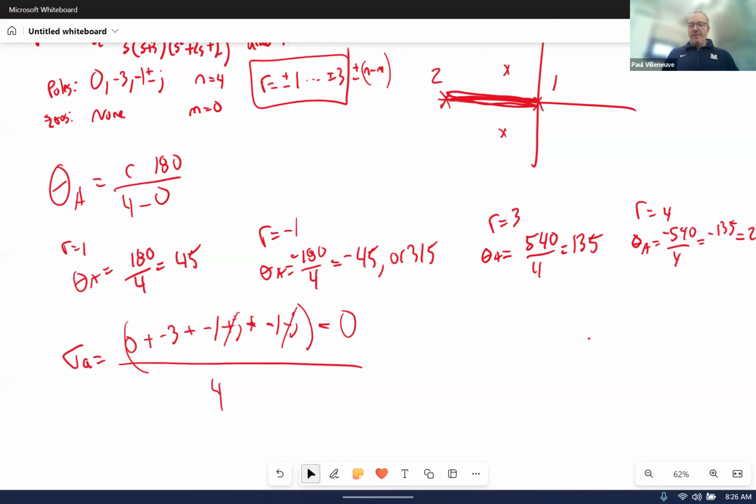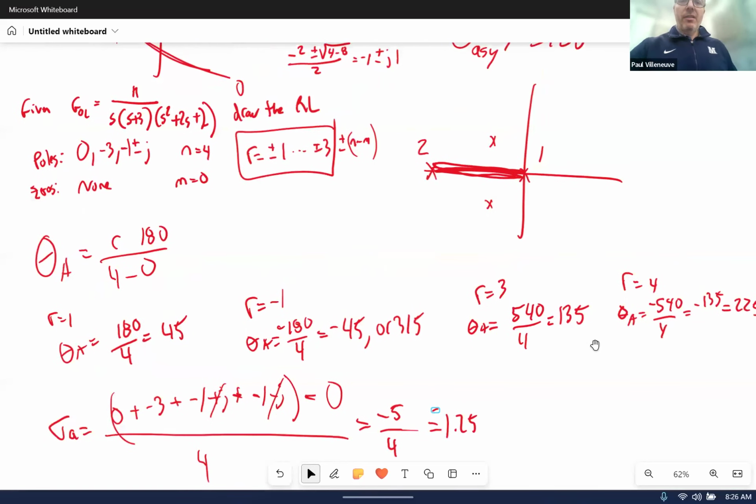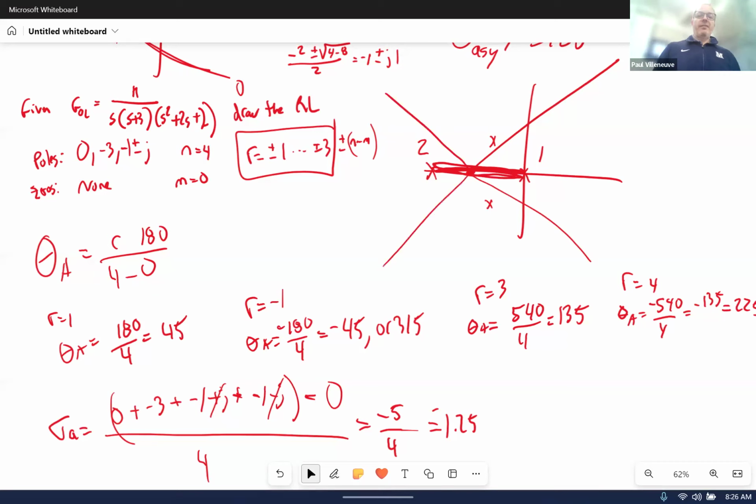So minus 5 divided by 4, which is equal to 1.25 negative. So all 4 of those angles start right about here someplace. And they go at 45, minus 45, 225, and 315.